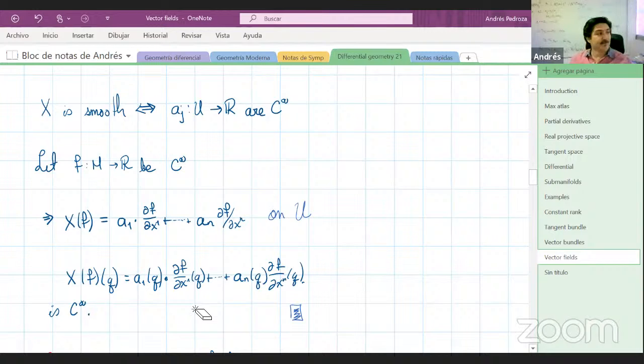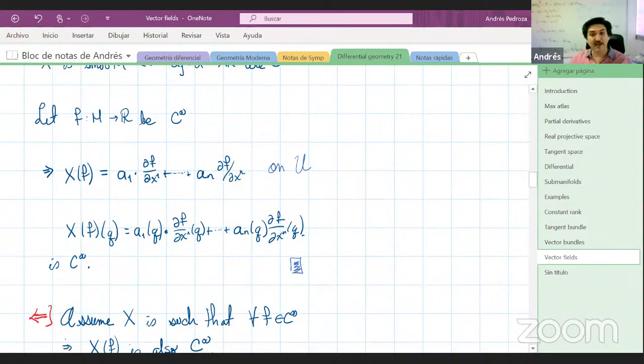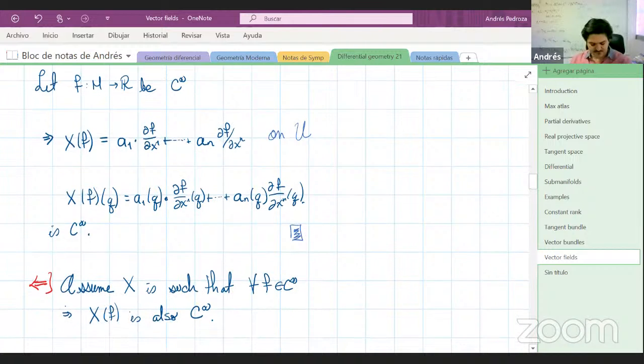Now, let's look at the other way around. You have a vector field. That means at every point I have a vector of the tangent space, but I don't know if that vector field is smooth. We would like to show that it is smooth.